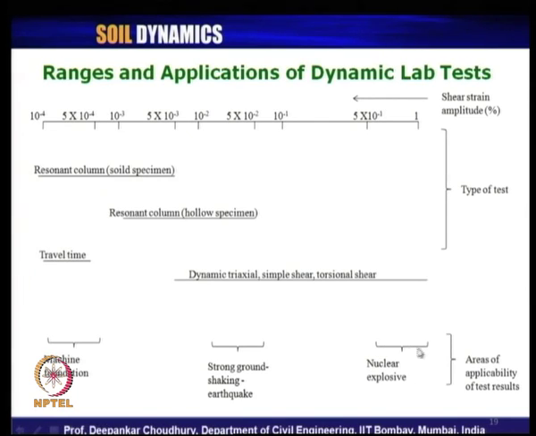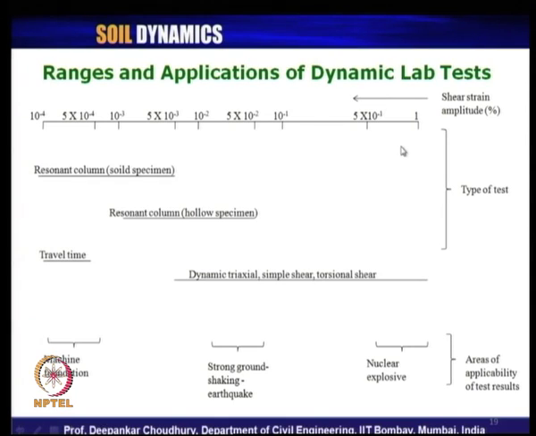See, the nuclear explosion or nuclear explosive, whatever shear strain they will induce in the material of soil, is of very high magnitude. So, for nuclear explosion related problems, or when you are dealing with design related to nuclear safety issues and loads coming from nuclear explosion, it must be in the high strain range.